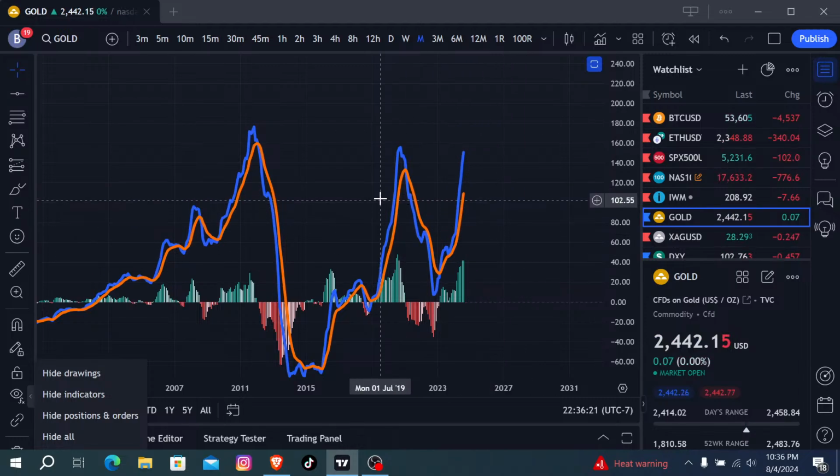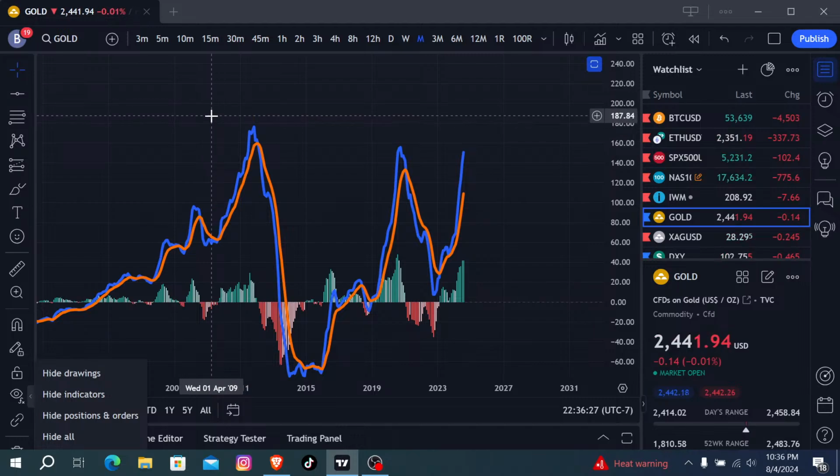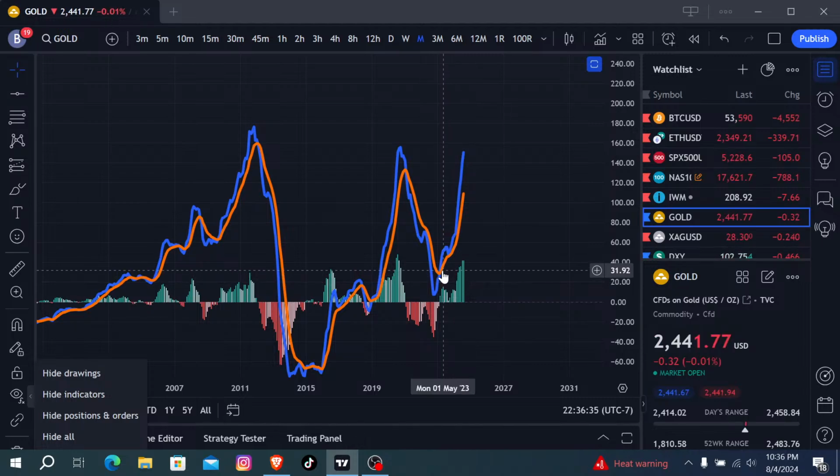But what I've done, just like I do on my other graph, is put lines, and I'm gonna show you how this indicator, back in 2020, 2021 maybe, was telling me that gold was going for a certain move.